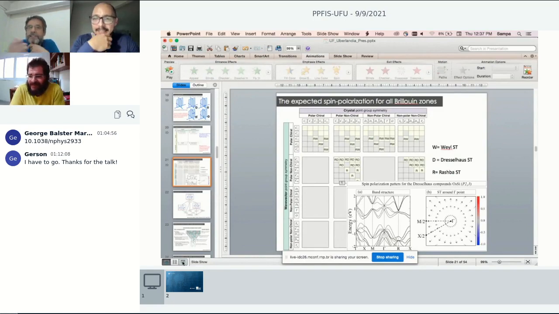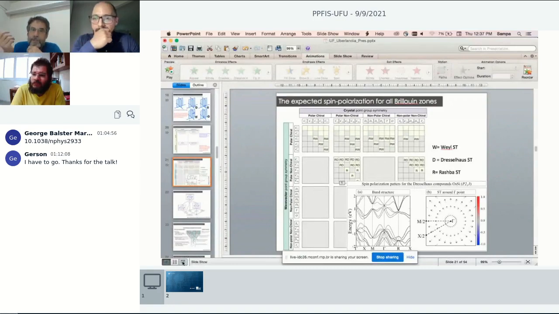But anyway, one thing that strikes me as strange to understand is the Weyl system. Because the Weyl system is very clear that you have a point in the Brillouin zone where the spin polarization is either a source or a drain of spin polarization, right?